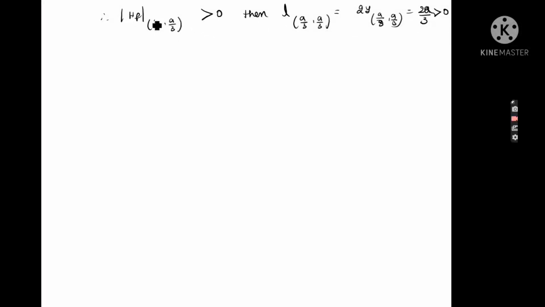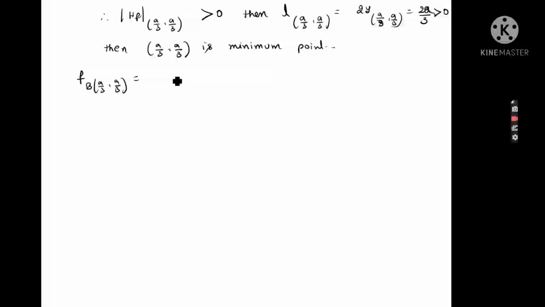So HF is greater than 0 and L is also greater than 0. If the L value is positive, then the point is minimum. Then (a/3, a/3) is a minimum point.